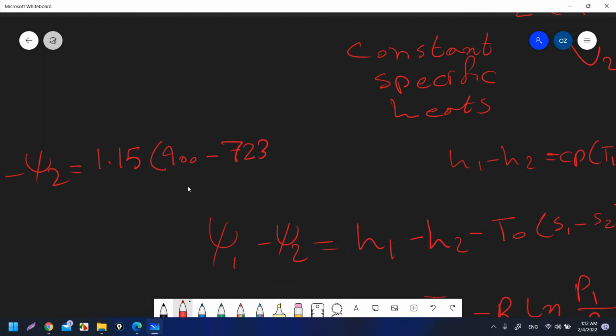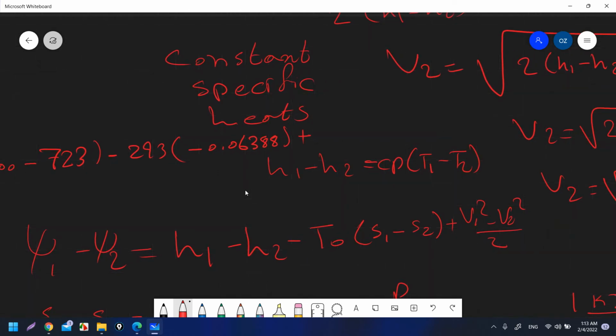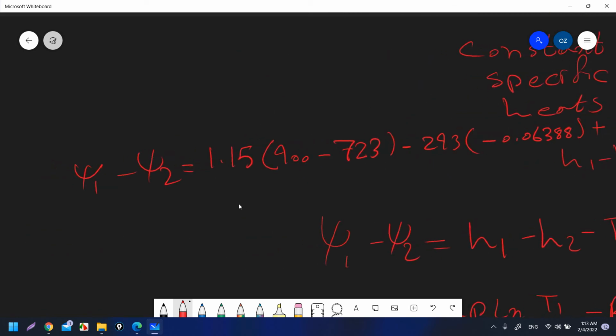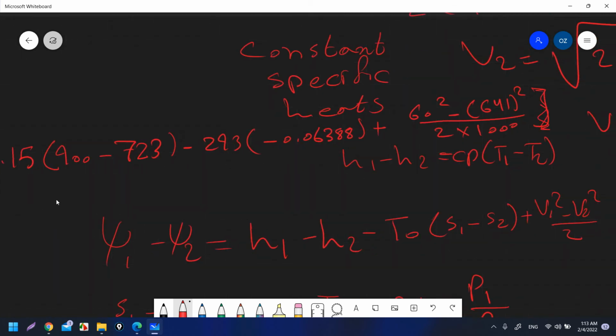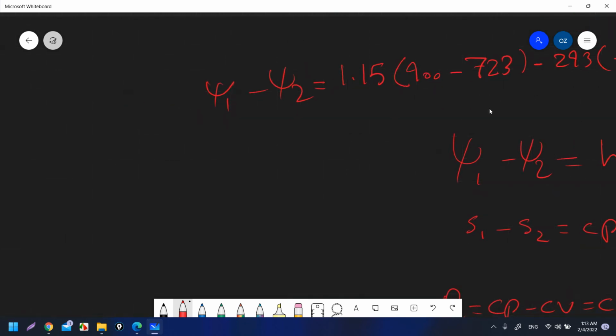Minus the T naught is 293, times S1 minus S2 is negative 0.6388, and for the velocity, V1 squared is 60 squared minus 641 squared, we got it in part A, and over 2. Don't forget to divide by 1000. I already didn't put a bigger bracket, so no need. And psi 1 minus psi 2 will equal 18.6 kilojoule per kilogram.